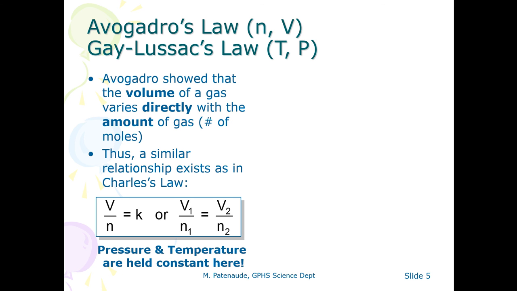The last of the major gas laws that we'll study in this first part of the gases unit is called Gay-Lussac's law. Gay-Lussac studied the relationship between the absolute temperature and the pressure of a gas. If you imagine having a gas in a sealed, rigid container, so nothing can get in or out, and you heat that up, what's going to happen, right?